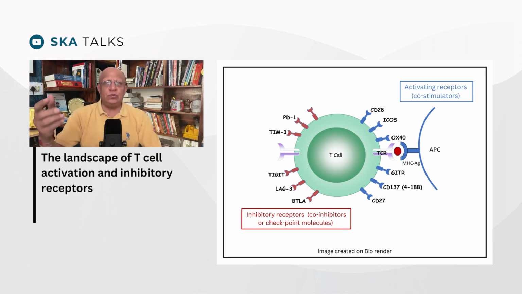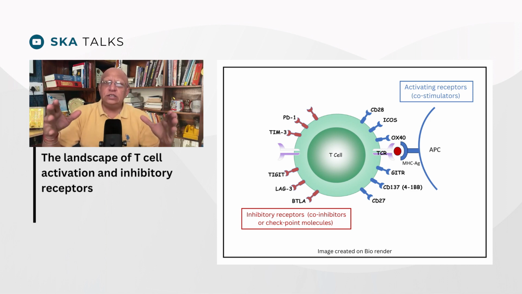There are many such molecules which get upregulated. They are called co-inhibitory molecules. So as we have the activating molecules, we have the co-inhibitory molecules which are expressed on the T cells, and these co-inhibitory molecules downregulate the activation process.